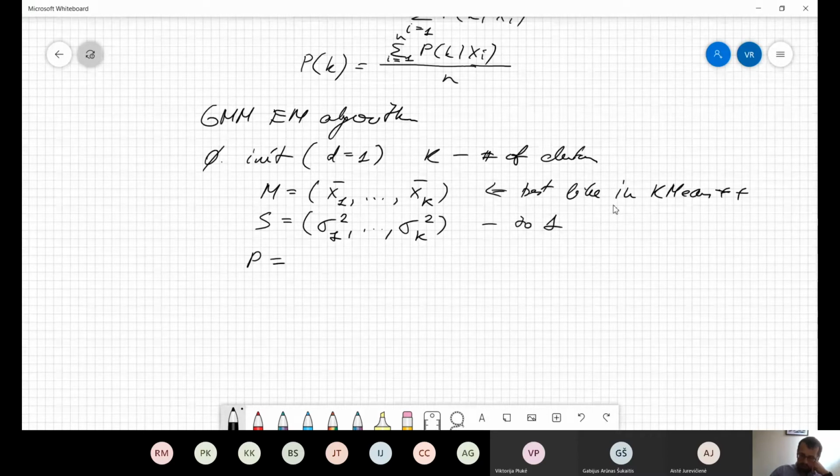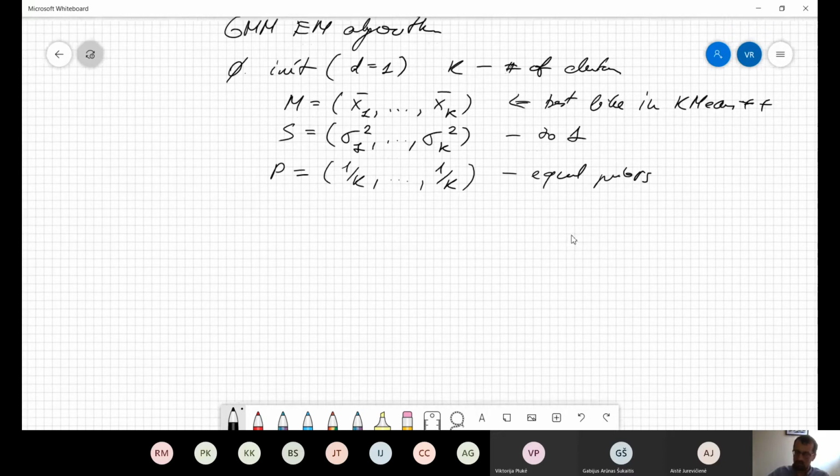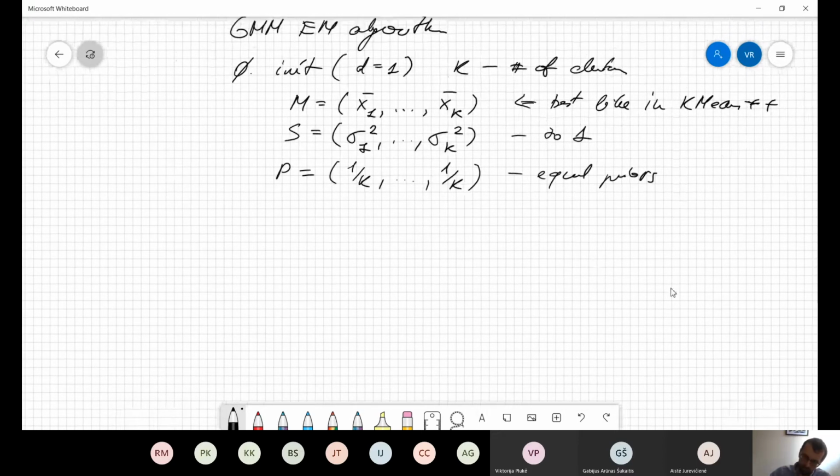And the vector of prior probabilities is just 1 divided by k, for each of the k clusters. This gives us equal priors, so we do not diversify the weights in the beginning. In the beginning we say that all the clusters are equal, and let's start the algorithm.